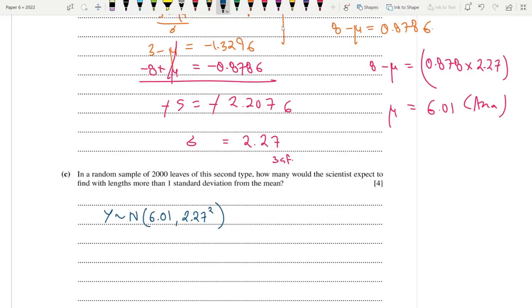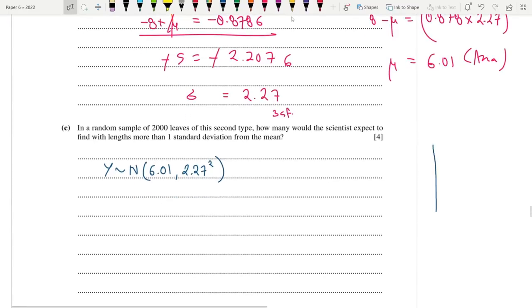Understood? Okay, suppose this is your arrangement, the mean is over here, the graph is like this. They are asking how many would the scientists expect to find with lengths more than one standard deviation from the mean. So this is the mean, right?